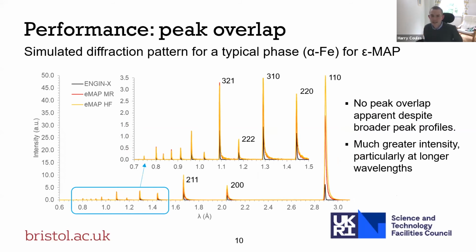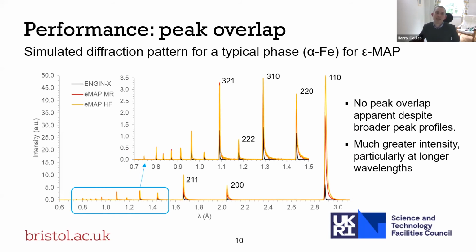And this peak broadening is obviously significant, but its significance differs depending on what kind of materials you're looking at. In engineering, if you're interested in structural materials, usually these are single, maybe dual phase materials, relatively simple structures.